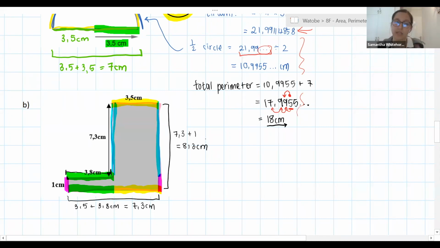I've given you all the lengths essentially, so think about how you can work out this total perimeter now. And if and when you have an answer, you can put it in the chat or you can raise your hand. But I want the perimeter of this shape.